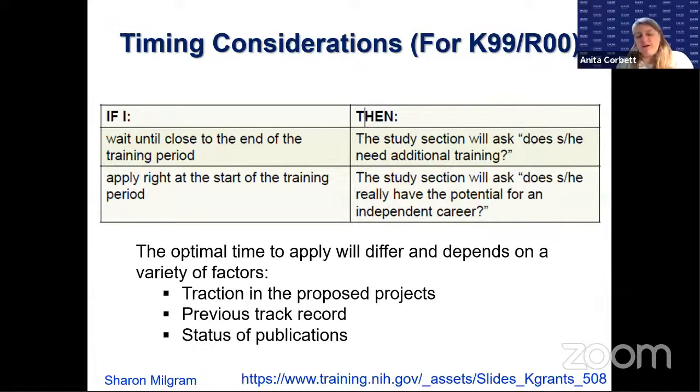It will differ depending on a number of factors, sort of traction within your proposed projects, or are you walking into something that somebody already has up and running, or are you starting something de novo, as well as your previous track record and maybe even the status of your publications, for example, from your PhD, whether those papers are actually published or you're still working on them early on in your postdoctoral training.